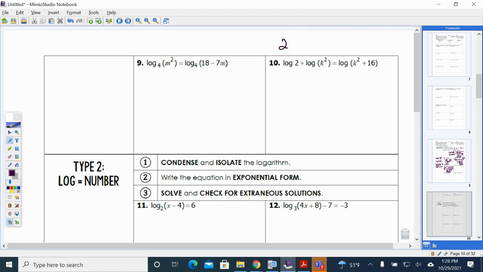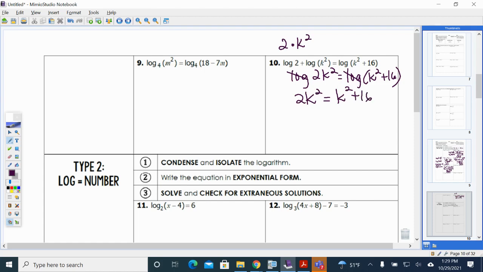So you're going to take the 2, multiply times the k squared. And the left side now becomes log of 2k squared. The right side is log of k squared plus 16. Now we can drop our logs, and 2k squared is equal to k squared plus 16.